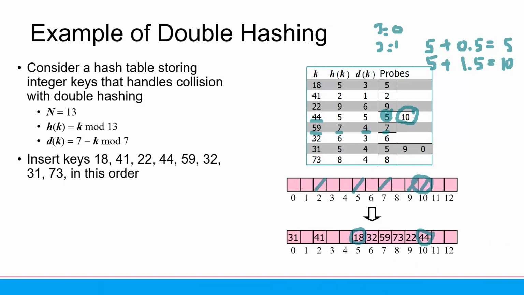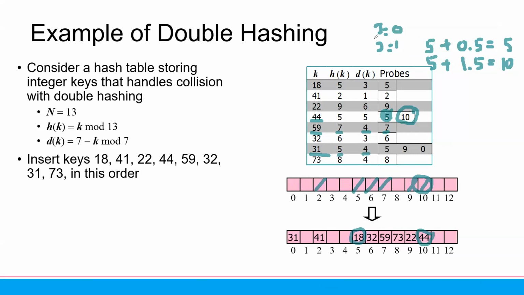Then 32. There is no element here, so we put it in index 6. Next, 31. For 31, h(k) is 5. Oh, 5 is already filled. Then we check d(k).